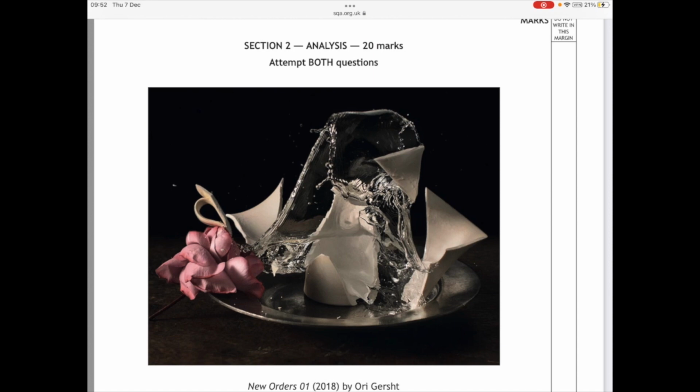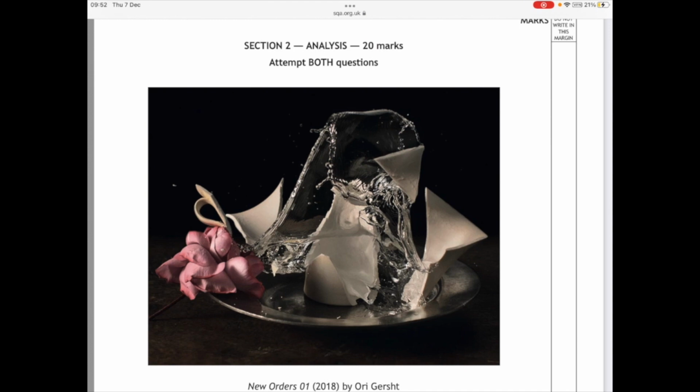You've got a really simple one for vantage point: the camera is positioned lower so that the action of the splashing water appears larger to the viewer. There's a cause and effect there. The camera's low vantage point is the cause, and the effect is that it makes the splashing water appear bigger.